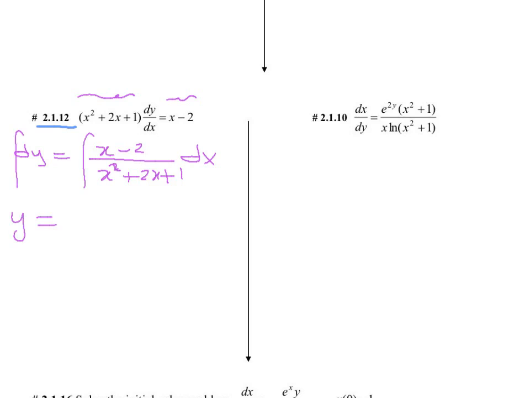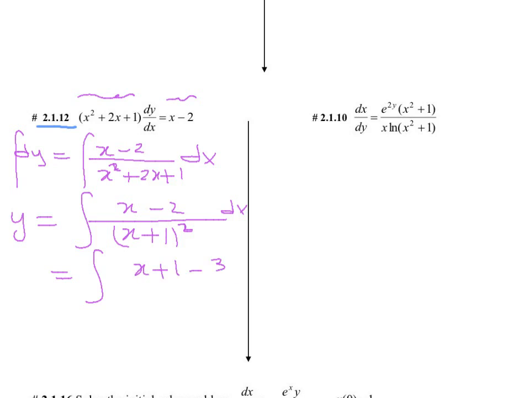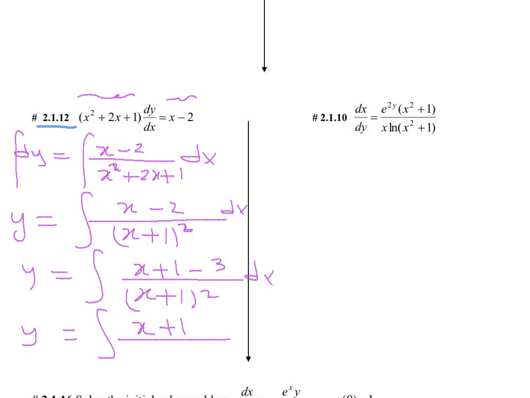Left side is y. Right side has to be done by partial fractions, which means you have to factorize the denominator. But after factorizing the denominator, because you have a repeated factor, you can actually add 1 and subtract 1 in the numerator, and it can be done really without partial fractions also, and with partial fractions if you prefer. But this can be written as, you can separate the numerator, you can write x plus 1 square minus 3 divided by x plus 1 square dx.